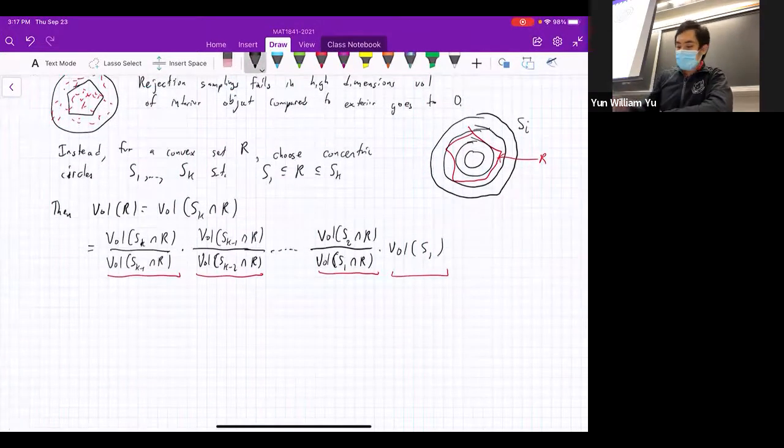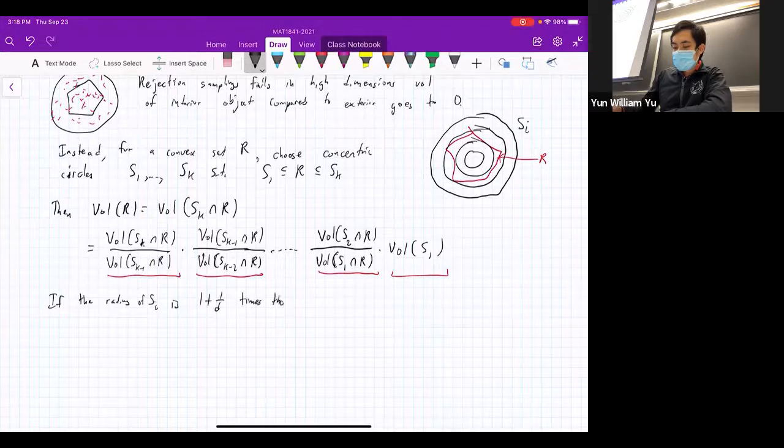Note that if the radius of SI is 1 plus 1 over d times the radius of SI minus 1, then the volume of SI is going to be equal to 1 plus 1 over d times the volume of SI minus 1.